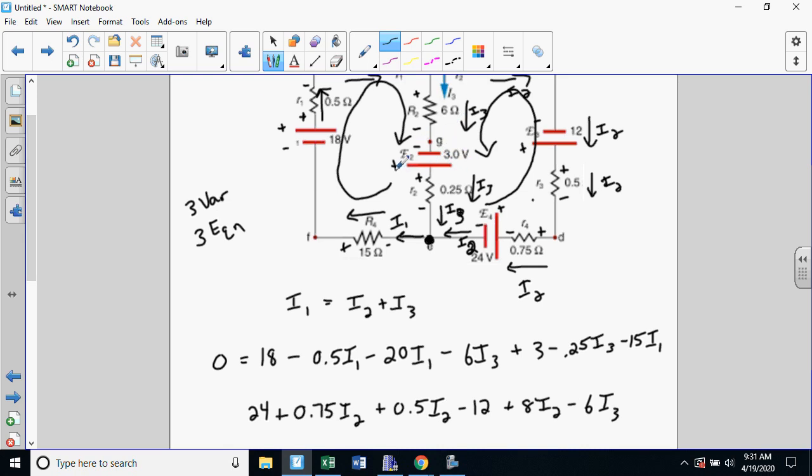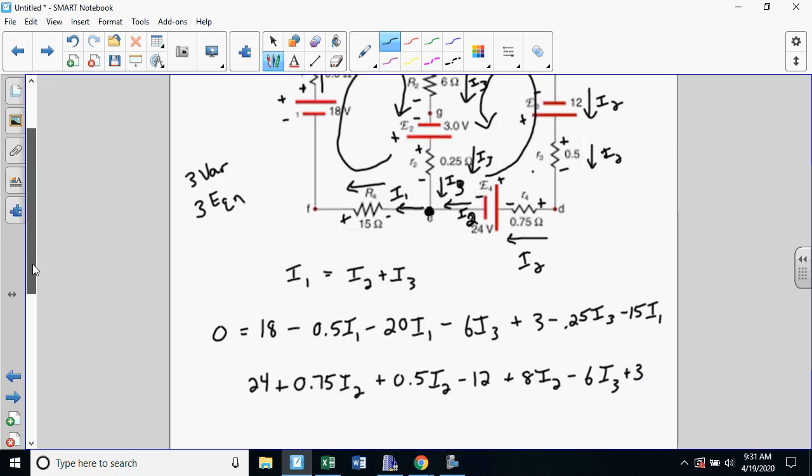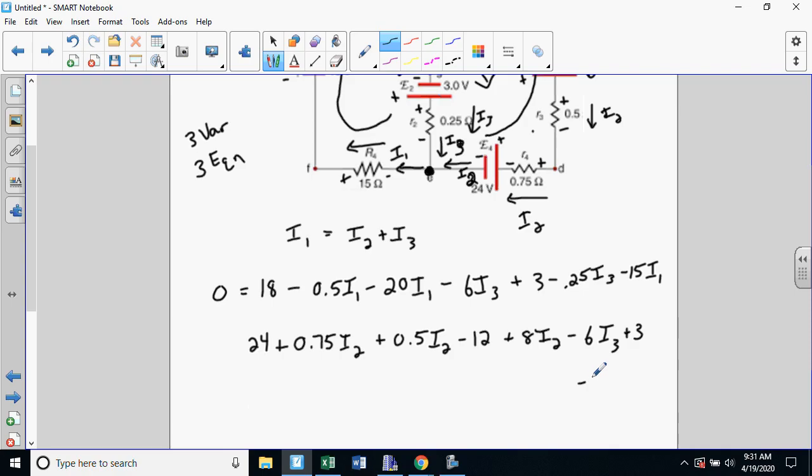I'm going from the low side to the high side, so that's going to be a plus 3. And the 0.25 ohm from the high side to the low side, that will be a drop of 0.25 times I3. And remember, that is all supposed to add up to 0.